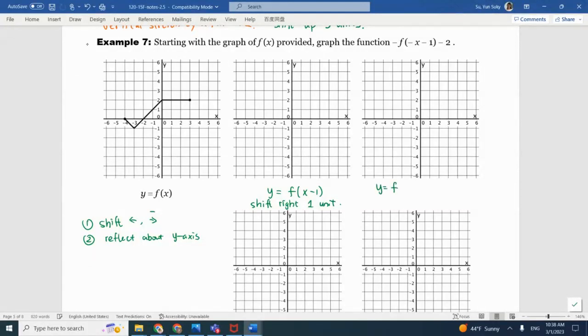So you put minus sign in front of x. And this is reflect over the y-axis. Okay? What's the next step? Yeah, reflect about the x-axis and what? Yeah, vertical stretch or compression.